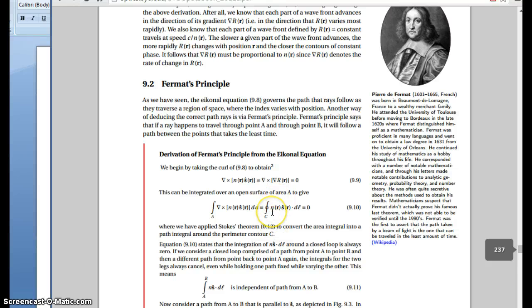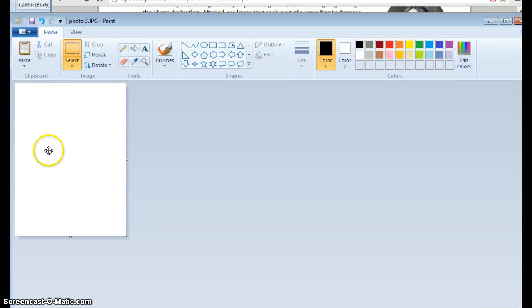We do that so we can use Stokes' theorem, and Stokes' theorem relates the curl, or what it's doing, and I'll take a moment here to explain that within Paint. So we've got this surface there, and each little infinitesimal component, and I can make little boxes there.